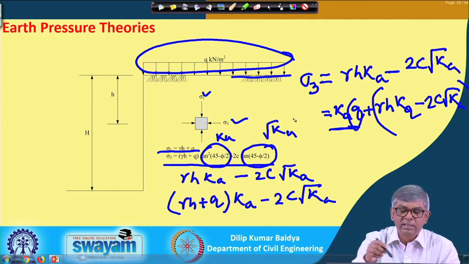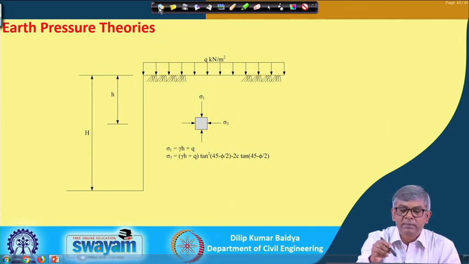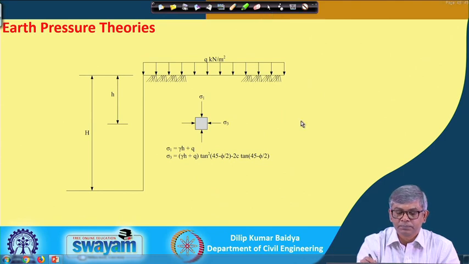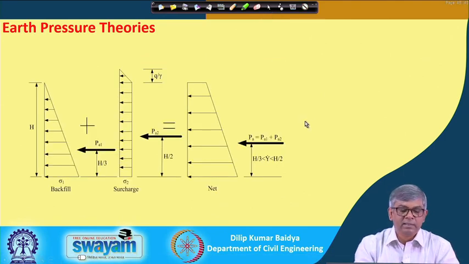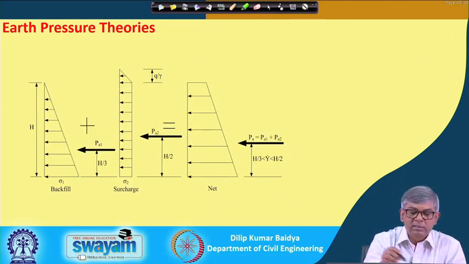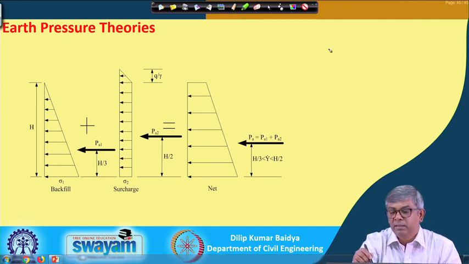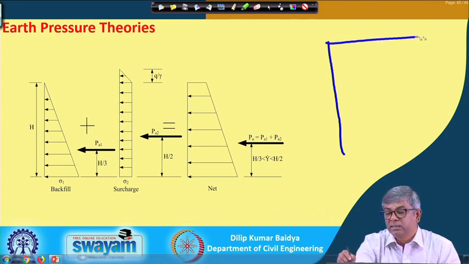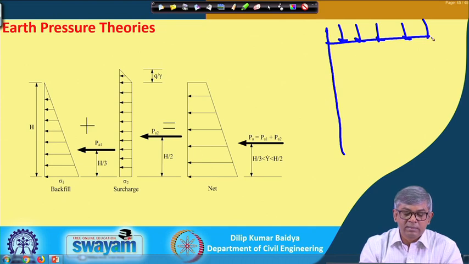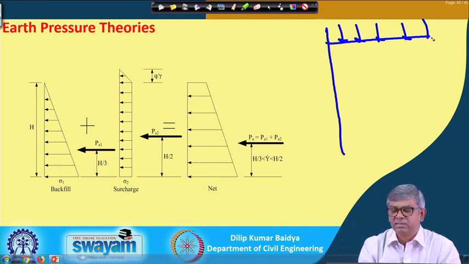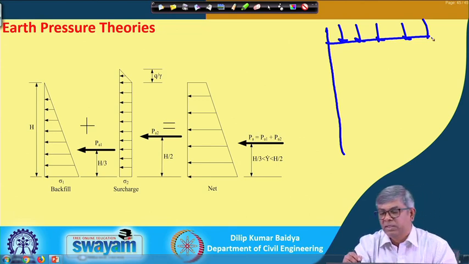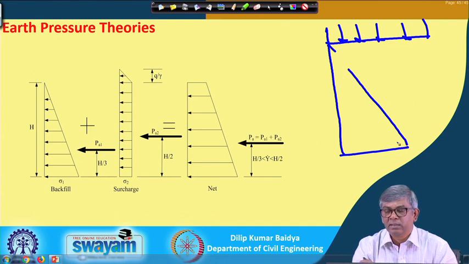This can be seen in the next slide. Let me draw that one again. Suppose this is the wall and there is a surcharge, and suppose this is a cohesionless soil, which I will take first. If it is a cohesionless soil, then the pressure diagram will be something like this, gamma h K a.